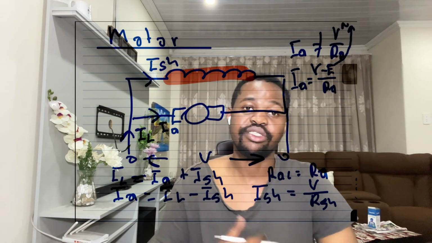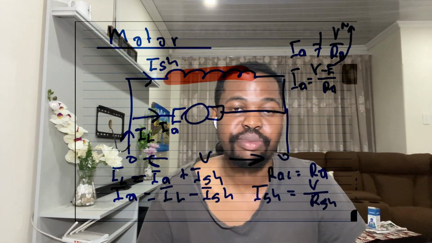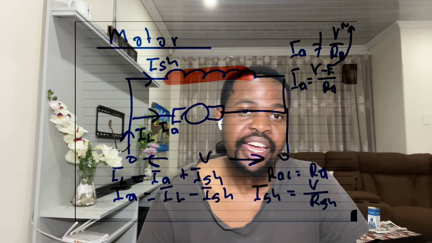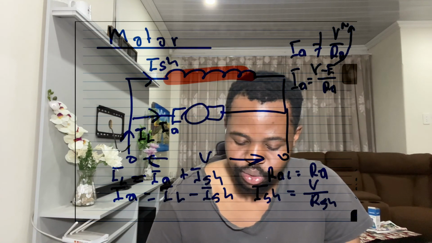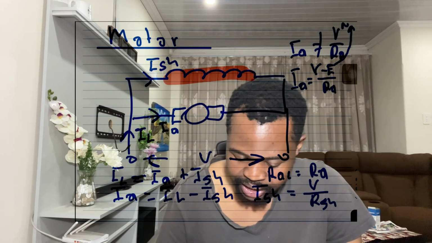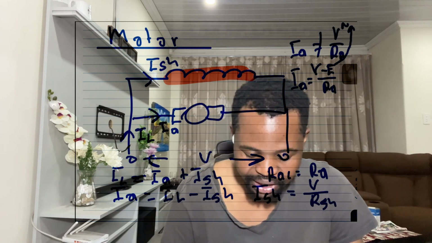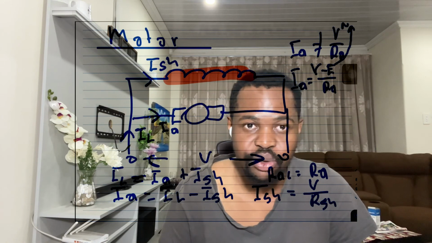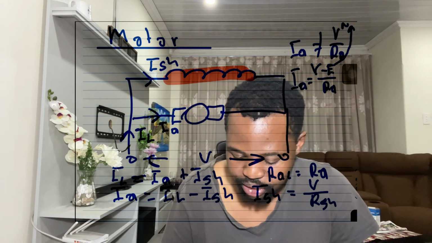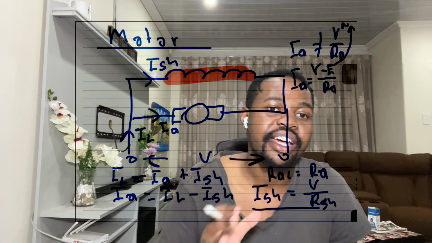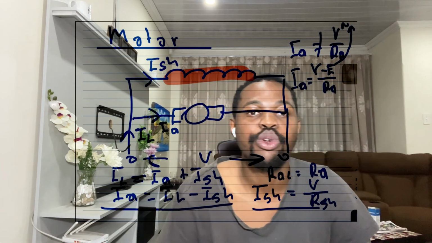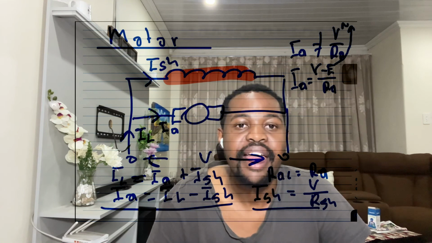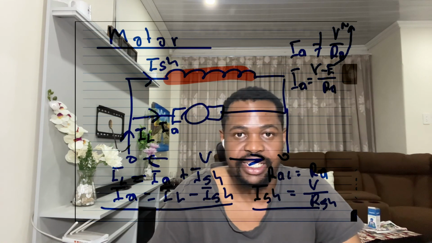If the motor is not spinning at a constant speed, E is constantly changing. So please don't use this equation. You'll be given the load current, then you calculate the shunt current. Then this is the equation we use to calculate the armature current.